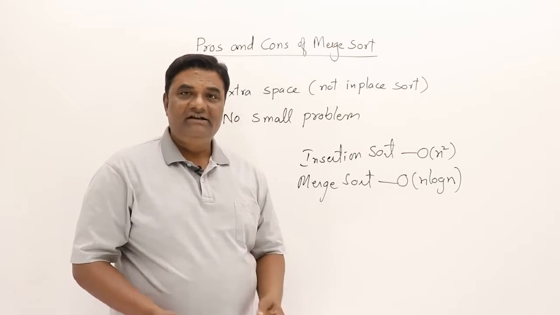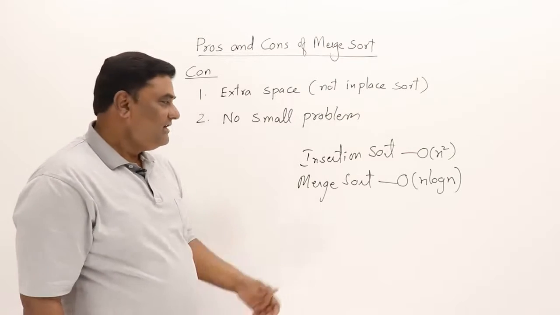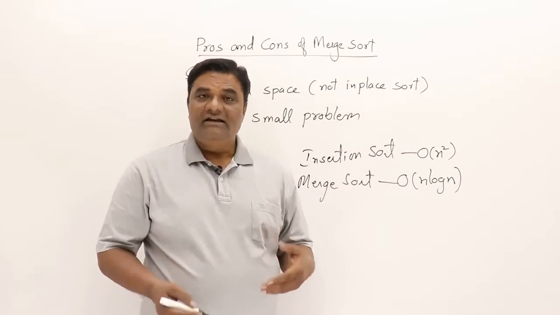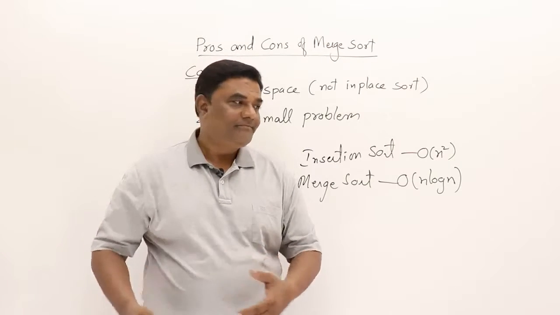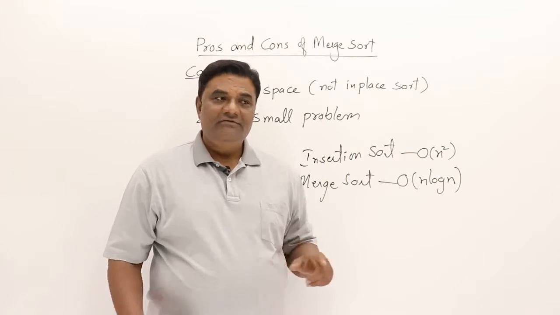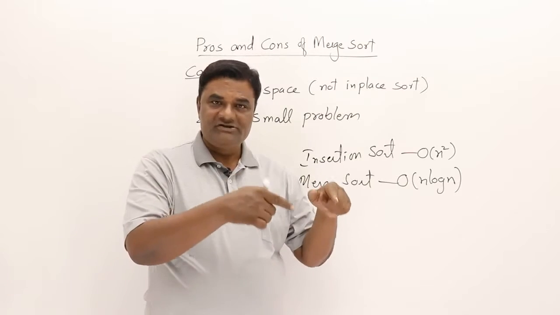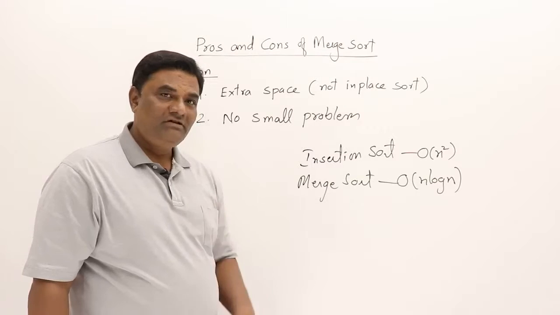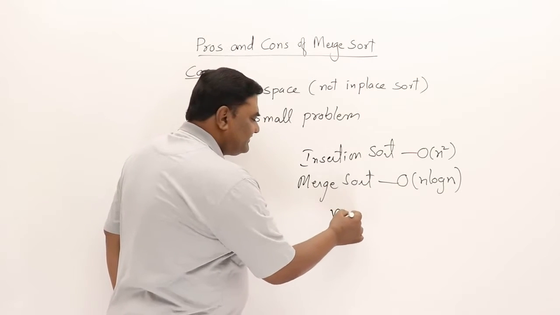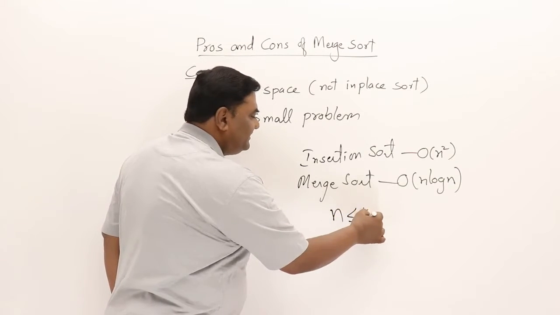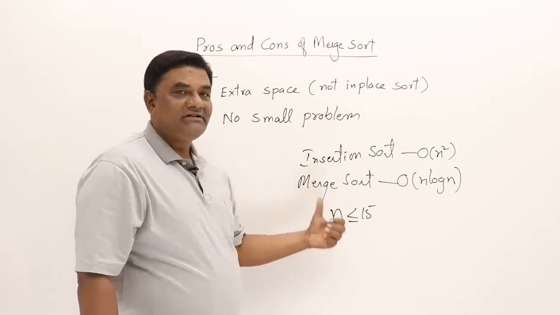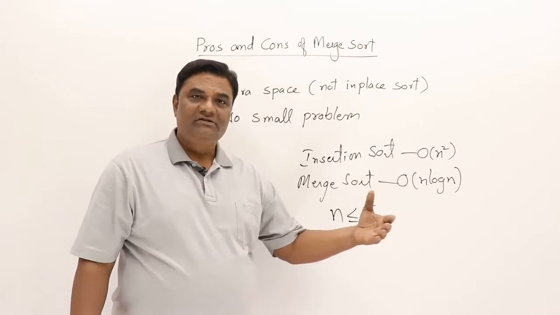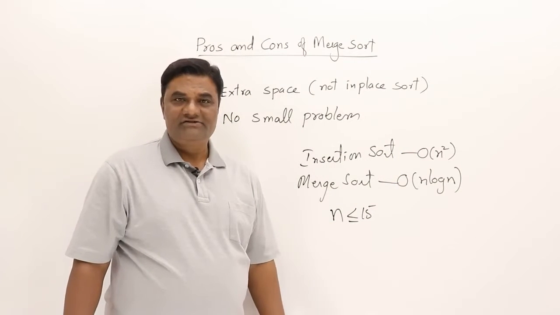But it was observed that if the size of a list is very small, then merge sort wastes a lot of time in recursion and becomes slower compared to insertion sort. When you really run the two algorithms on a computer, we find that merge sort is slower if the list is small. It is observed that for a list of less than or equal to 15 elements, merge sort is slower. After that, when the list is larger, merge sort is better than insertion sort.